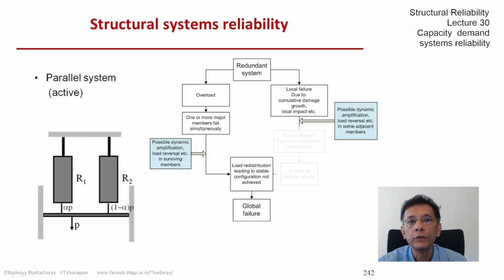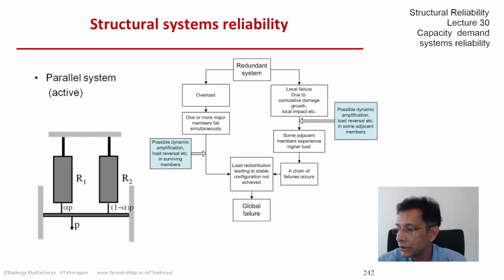Then, due to this failure, just like in the earlier case in the left branch, there could be dynamic amplification, there could be load reversal in some of the nearby members. And then these members would experience higher loads, which might or might not be arrested. If it's not arrested, then a chain of failure occurs, again to a point that we cannot have a stable configuration formed, leading to global failure.